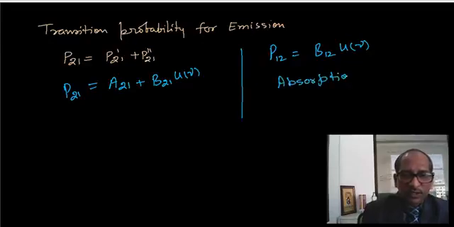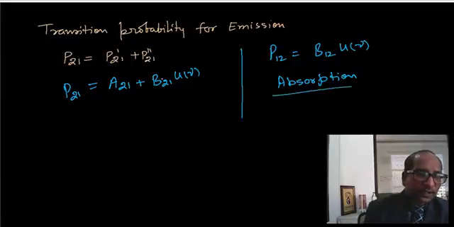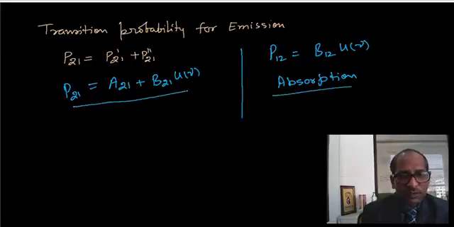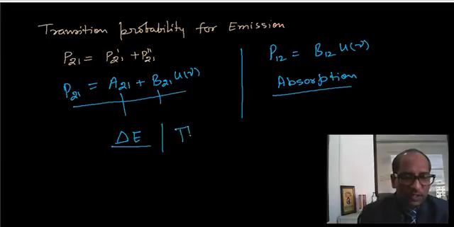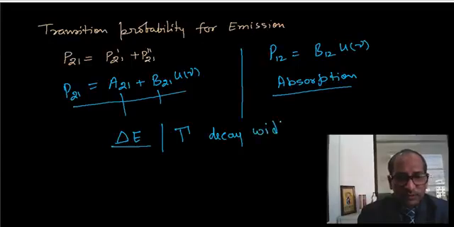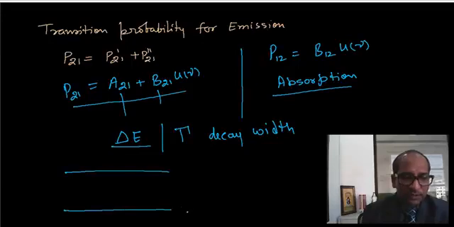Now my point, for which I made this video, is what the transition probability and Einstein coefficient tell us. The Einstein coefficient includes information about the energy width of the energy level, sometimes called the decay width. There are two energy levels, as you have seen in the explanation.